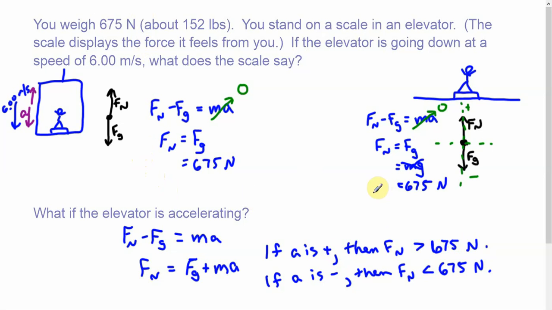And now everything's normal. And if you were on a scale, it would show your regular weight. But then as you get to the top, the elevator has to slow down and come to a stop, which means the acceleration would be downward, right? And then that's that lighter feeling that you feel, the butterfly in your stomach feeling, just for about a second or two, and then you're going to be less than 675 newtons, less than 152 pounds if you were standing on a scale.